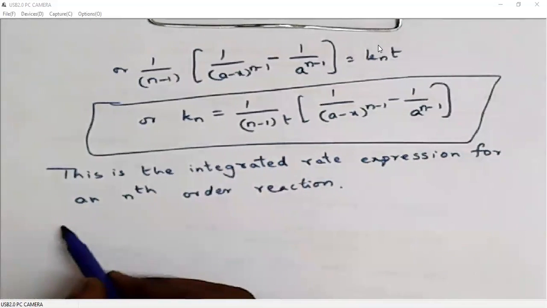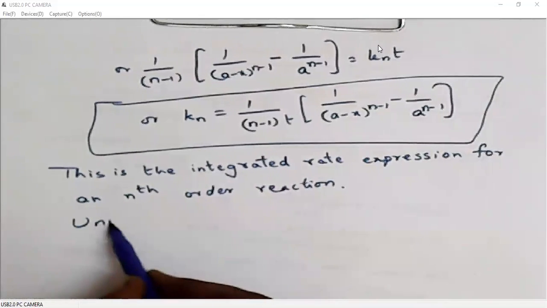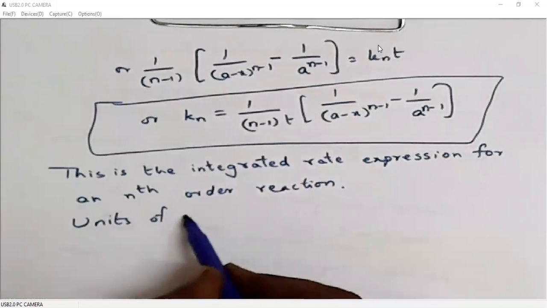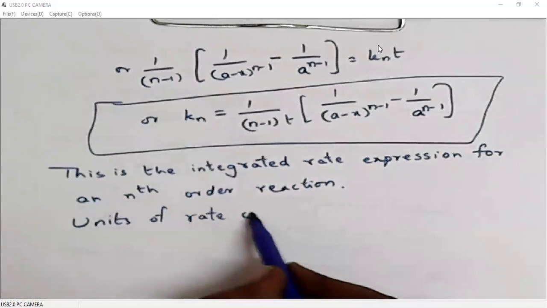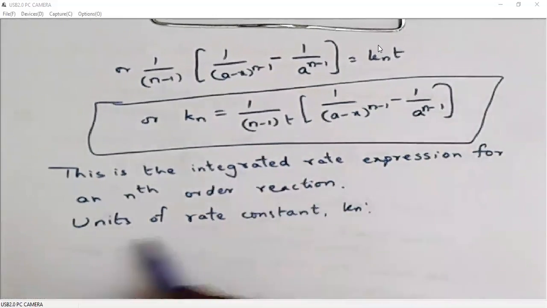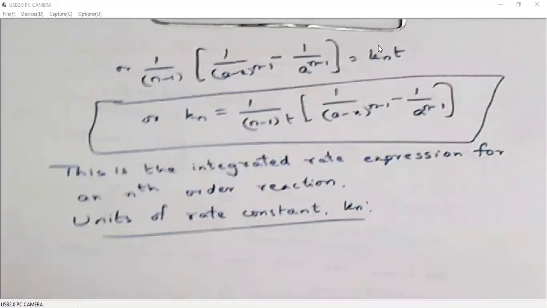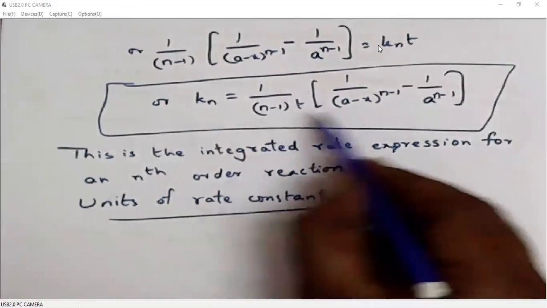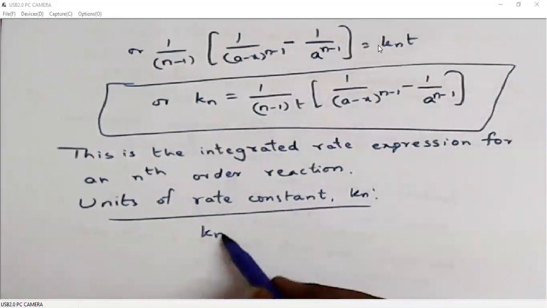Now, we will derive the units of rate constant for nth order. So that is Kn. Now, we can substitute the units for all the terms in a rate expression.